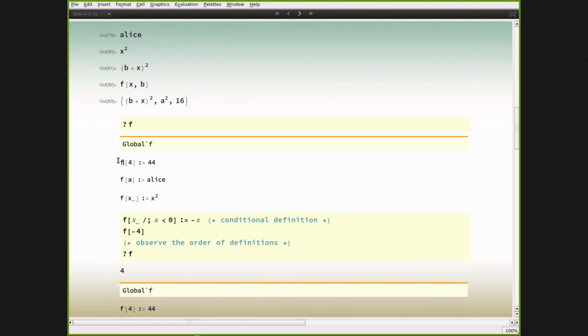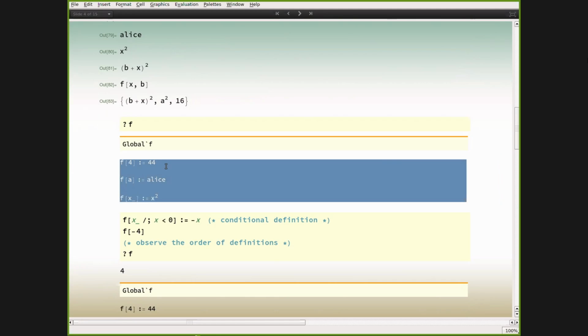So it is said that f of 4 is 44, f of a is Alice, and f of something which we will call x is x squared. Of course, this rule will be applied if these first two are not fulfilled.